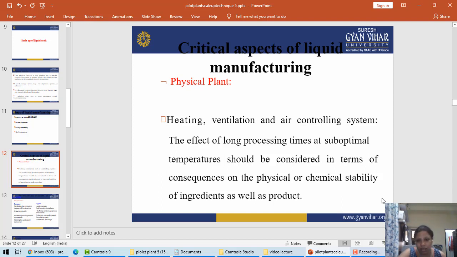So if you are designing any type of physical plant for liquids, there should be a proper heating system, proper ventilation and proper air conditioning. Because of the long processing time, the temperature will be suboptimal, so the physical and chemical stability of the ingredients must be considered.